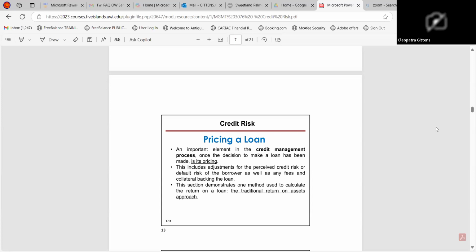So a financial institution will assess the borrower, and based on its assessment, the financial institution is going to price the loan. All right. And so the price of that loan, like I said before, is going to involve a number of factors.